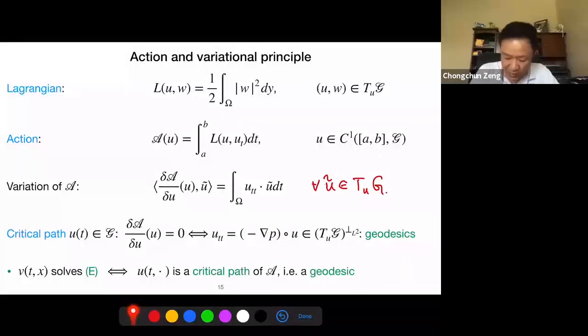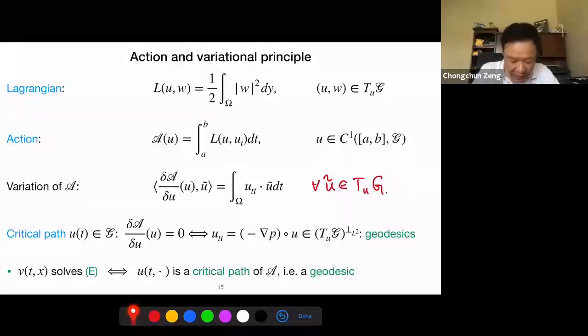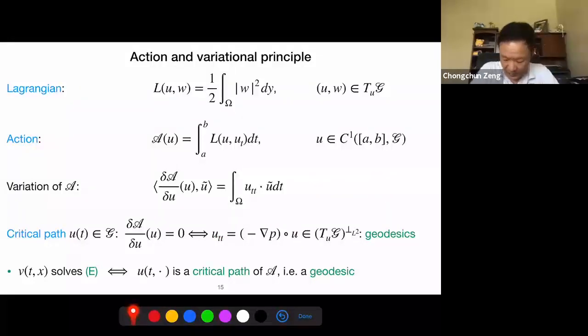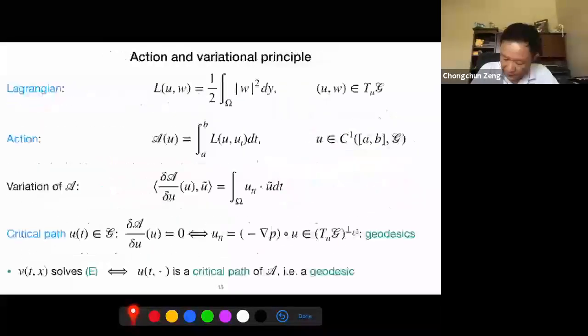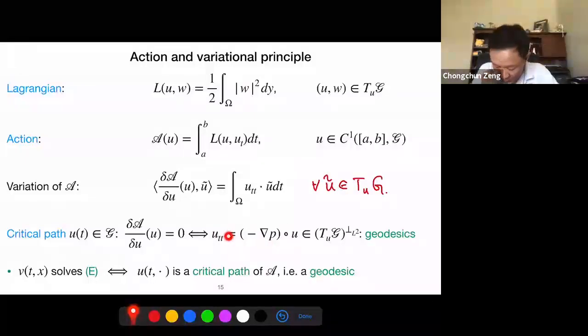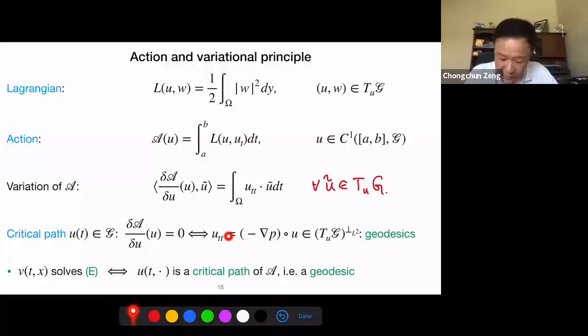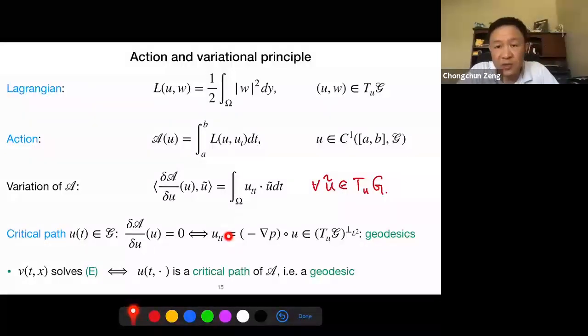So at this moment, we see that the critical path satisfies this equation, and that's exactly the Euler equation we saw on the previous page. Okay, so this is the Euler equation, and the critical path of this action satisfies exactly the Euler equation. So the Euler equation is a critical path of this action on the configuration manifold of all the volume preserving maps on the fixed domain.